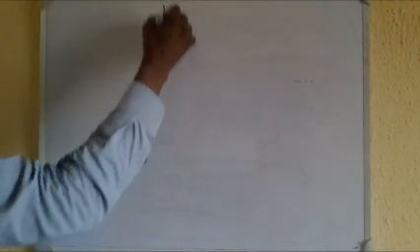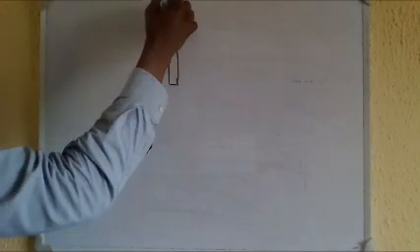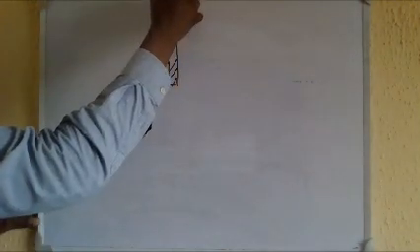So a plane mirror is just a glass that has one side coated with silver. So just have a glass like this. This is actually a mirror, but you now coat one side.